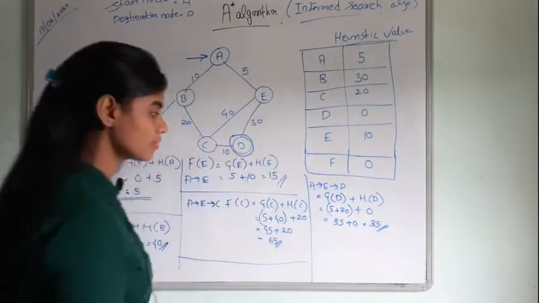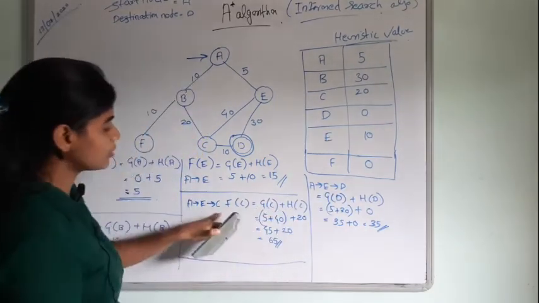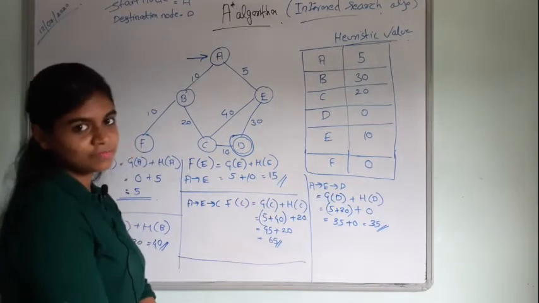Okay, I have understood that A to E to D is 35 and A to E to C is 65. So which one is the cheapest path node?